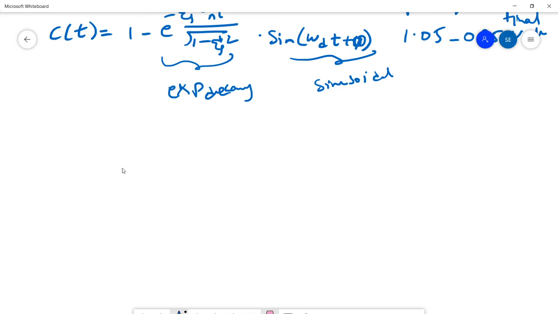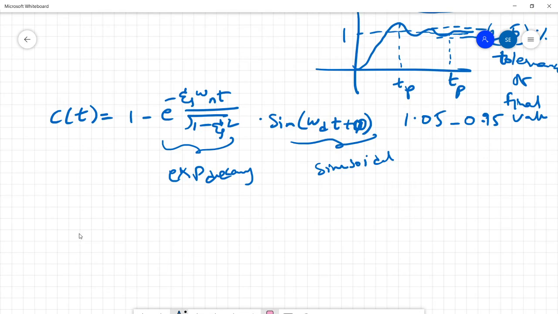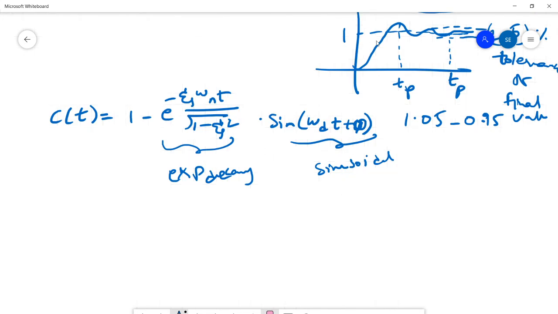In the plot, there are oscillations in the initial phase until it reaches Ts, settling time. This sinusoidal function produces these oscillations, and e power minus zeta omega n t tries to reduce them.